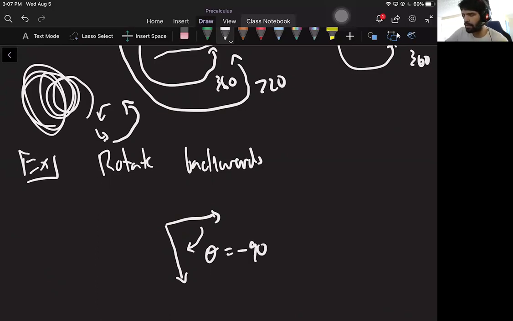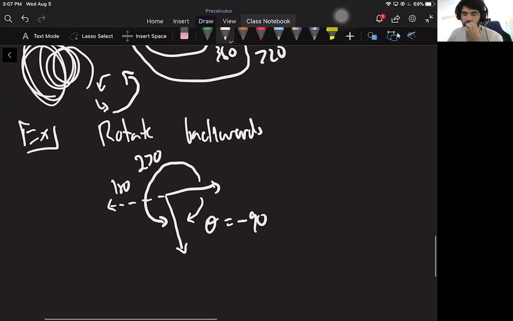So this would be negative 90 because it's a quarter rotation in the backwards direction. And then notice that would actually be exactly the same as if I went this way. How many degrees? 270. Because right here would be 180, and then 90 more is 270. So the point is that there's lots of ways to say the same angle. So 270 is the same as negative 90 in terms of degrees.